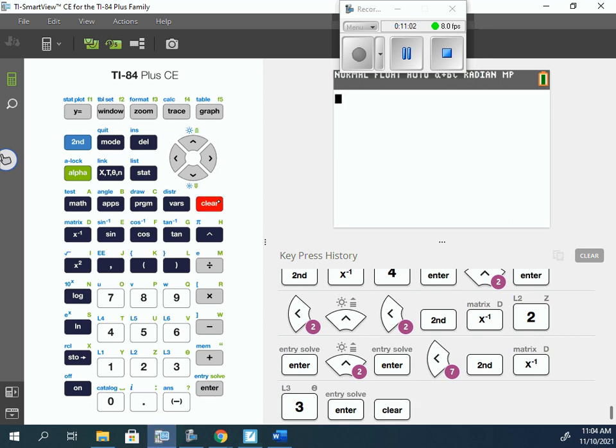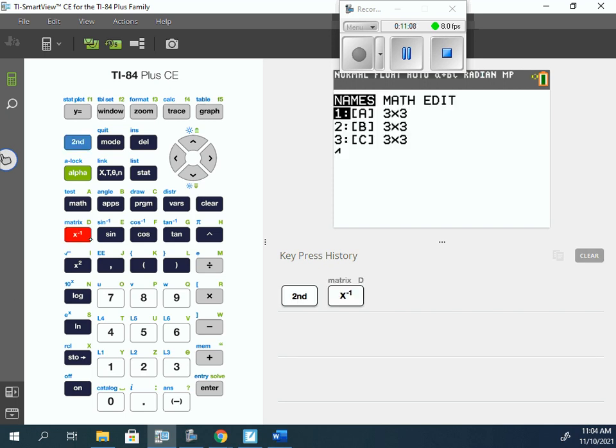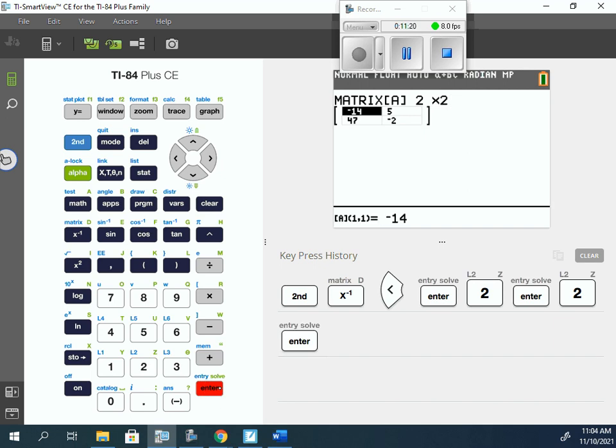Clear that out. I'll clear the key history out too. So what we can do first is we need to input the matrix. So we can go second matrix over to edit, and we'll edit matrix A. This here is a 2 by 2, and we'll input the first matrix.